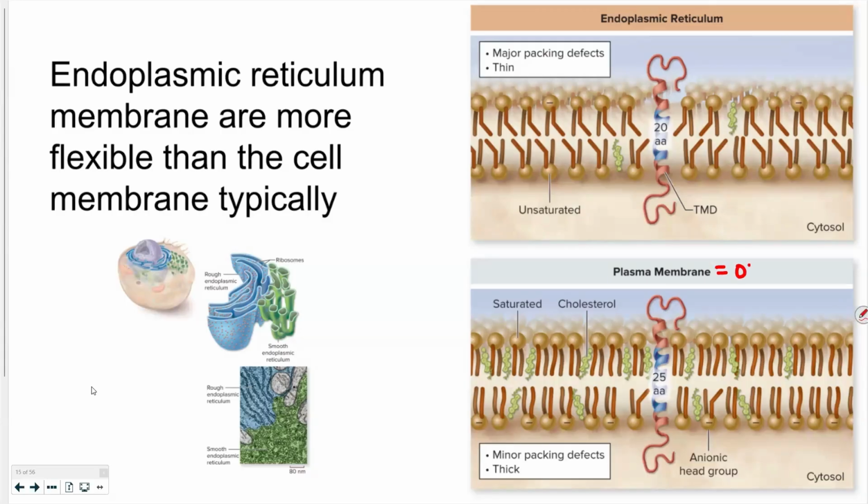This is the outside of the cell. And our endoplasmic reticulum is an organelle that we see inside of the cell, whose job it is to package and process various things, mostly proteins or lipids.